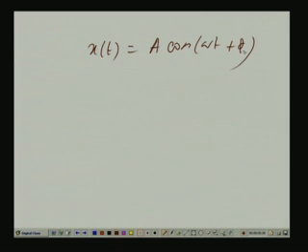Maybe every time you generate a waveform, maybe by an oscillator, you get a particular A and particular phi, and therefore a particular x(t). So for a particular A and phi, that is for a particular experimental outcome, x(t) is fixed, you get one waveform. Next time A and phi change, you get another waveform. But there is something interesting here: the nature of the waveform still remains sinusoidal.